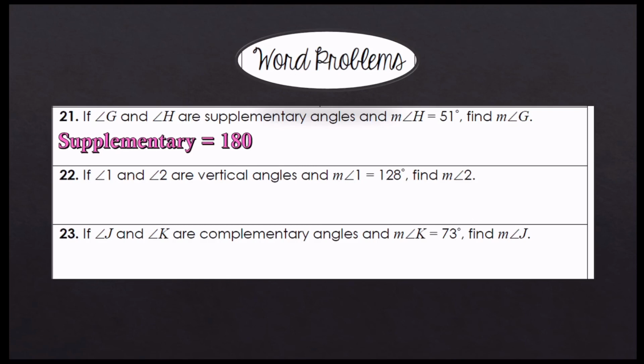So if I had 180 minus 51, I get 129. Therefore, the measure of angle G is 129 degrees. Pretty straightforward, right? So I want you to try 22 and 23 on your own, and we will go over them tomorrow.